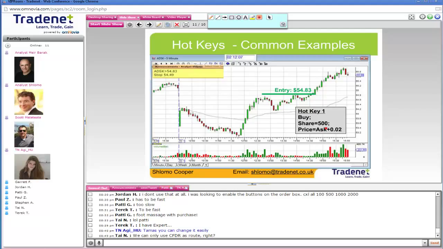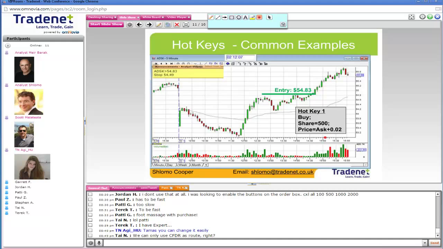You can place here any fixed share, which is the normal shares you are taking for any trade, and the price we are going to place here will be ask plus 0.02 in order to activate this order to be like a market order.